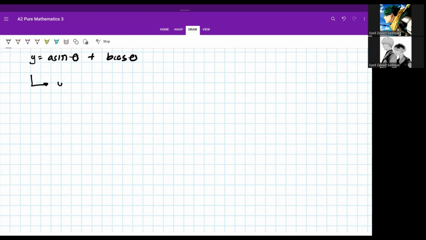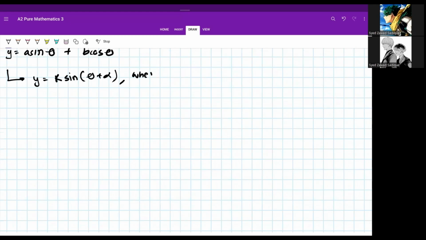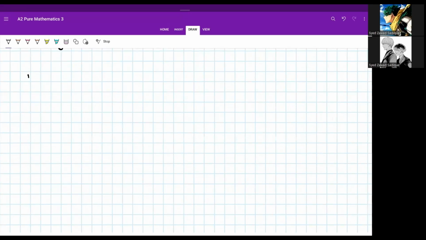You have to express this in the form r sine theta plus alpha, where r is greater than 0 and alpha is given a range, and they also tell you if you have to find this in degrees or radians. Now, the formula for finding r is root of a square plus b square, and the formula for finding tan alpha is b by a.